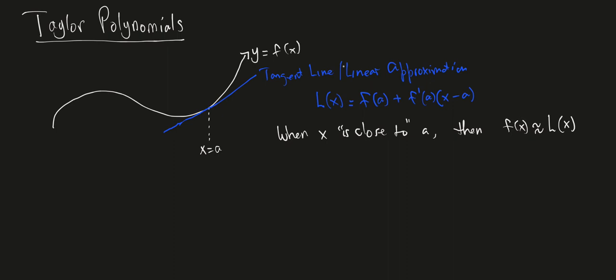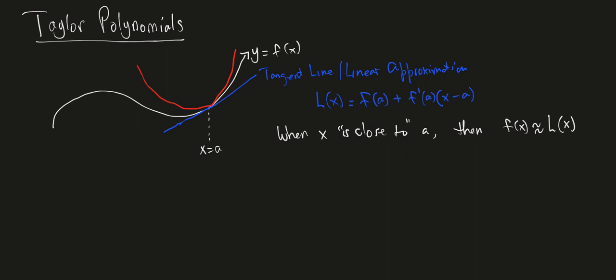Maybe not just working with linear functions, but what about quadratics? Look at the shape of this particular curve. This curve in total doesn't look like a line, but this portion of it looks like a parabola. So what if we could find a parabola that passes through that point and is a better fit?